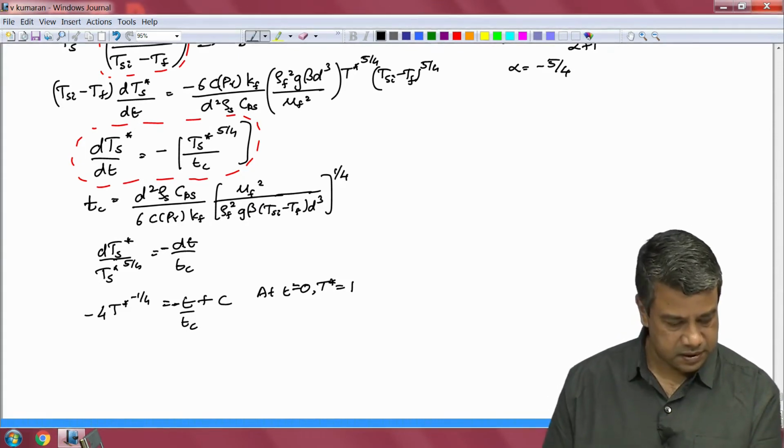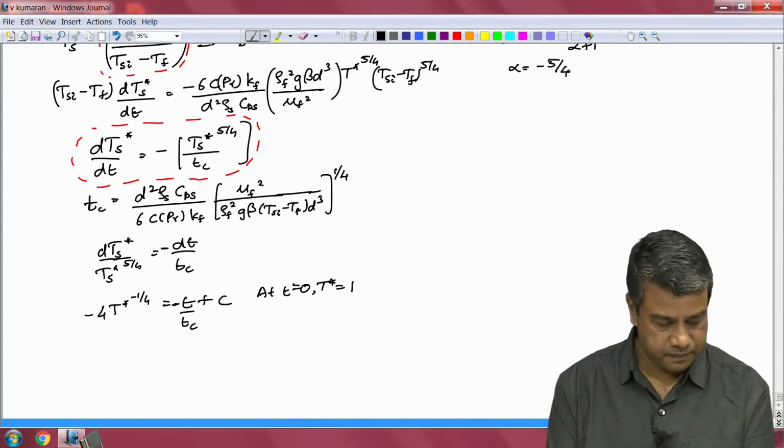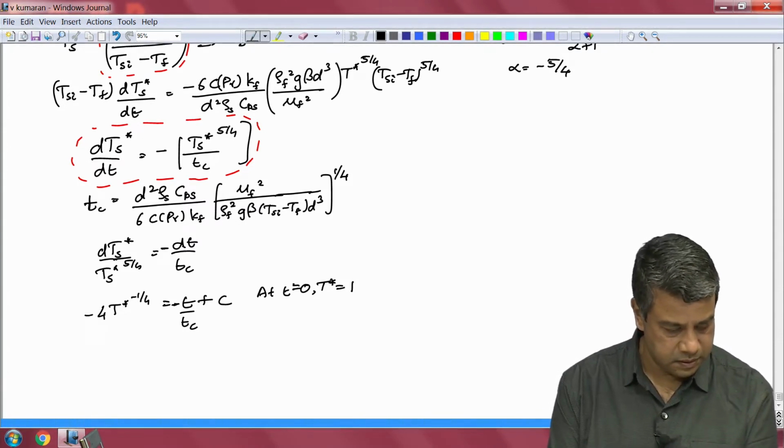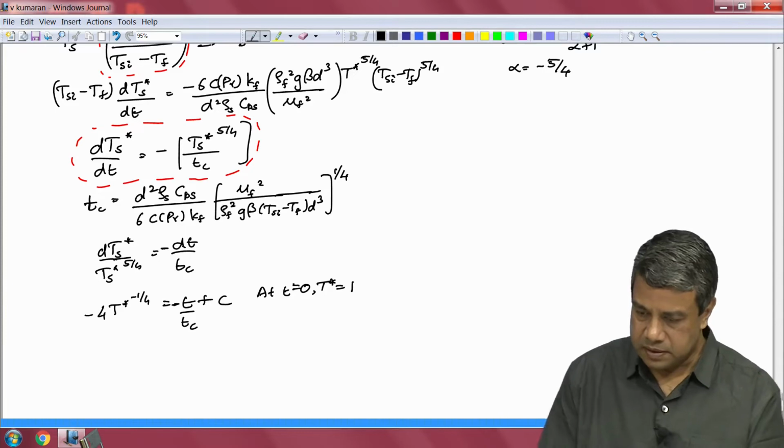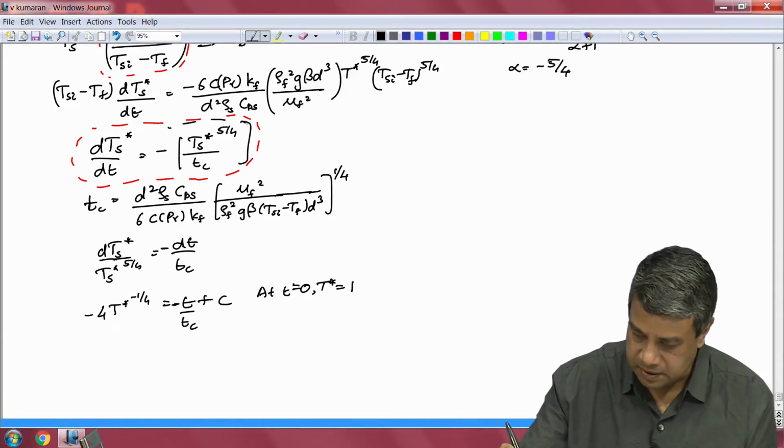Negative sign on the right side here, because you recall that I have minus T by Tc here.